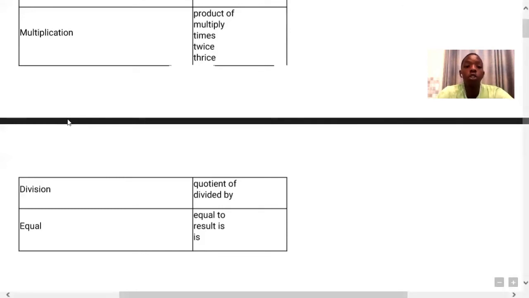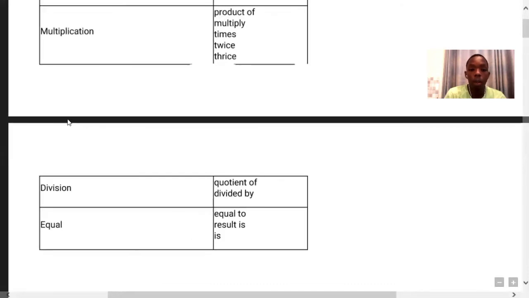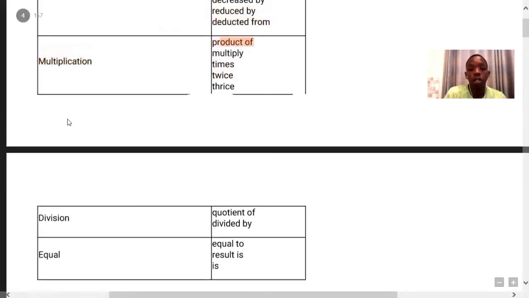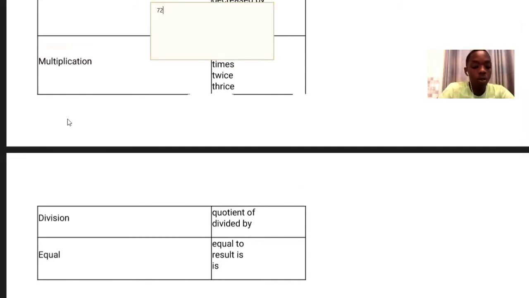So in a situation like that, a question that's phrased like that, let me just see if I can add a note. Right here we have, you're told that 72 is the product of 12 and a number. What number is this?